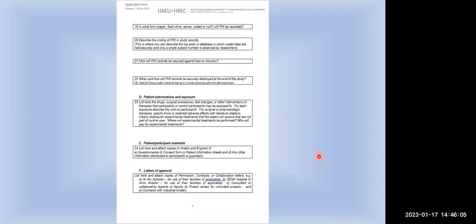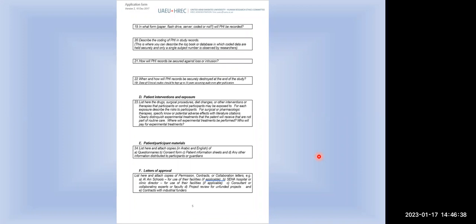As I mentioned earlier, if you are working on patients in a hospital, for example in Tawam Hospital, you need an ethical approval or a letter of no objection from Tawam Hospital saying that they have no objection, which means they give you ethical approval to do this research project on the patients or on material in their hospital.